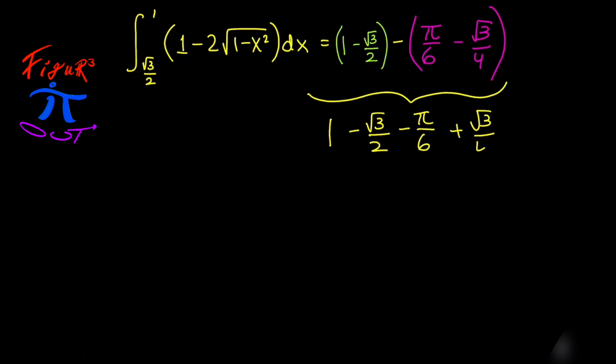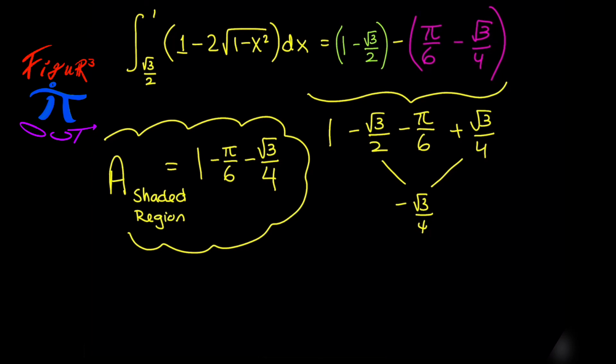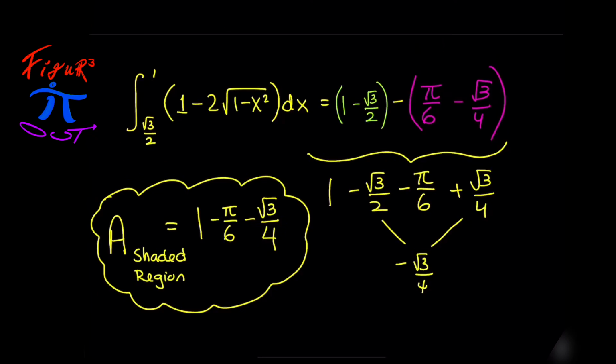And we're going to put that together with the first part that we had found. And we're going to combine the square root of 3 over 2 with the square root of 3 over 4. And rewrite our terms here. And that'll give us 1 minus pi over 6 minus the square root of 3 over 4. The exact same answer that we got from our first part. The power of calculus at hand.